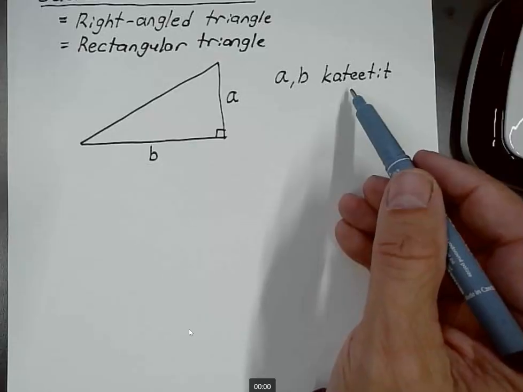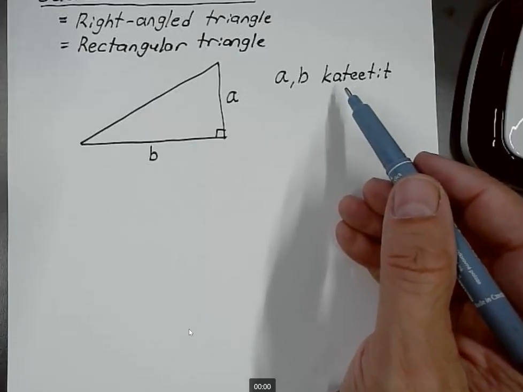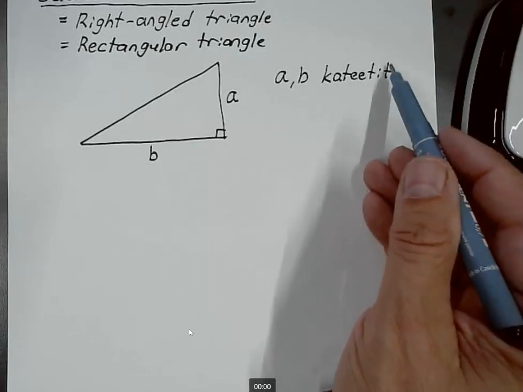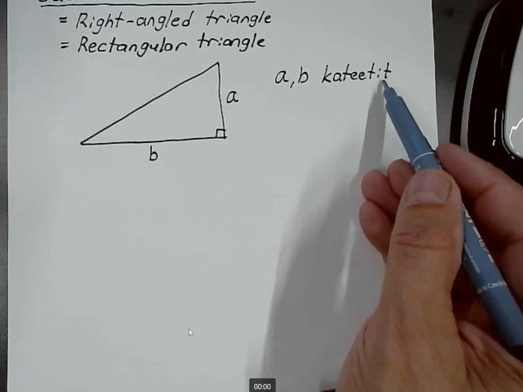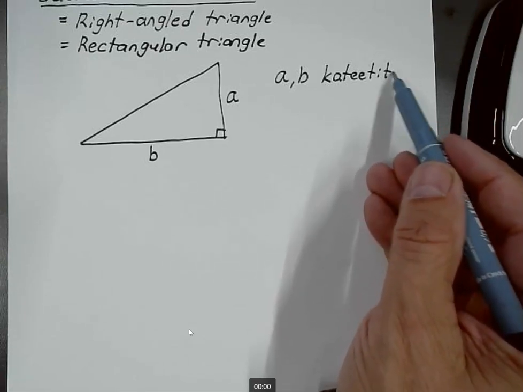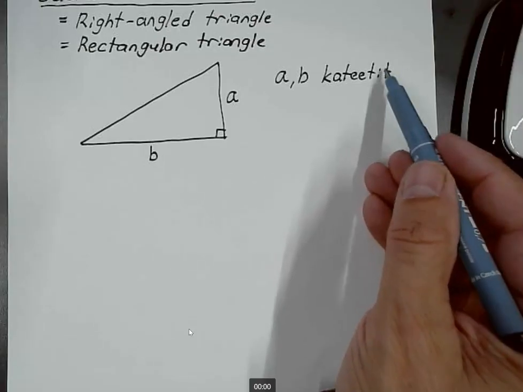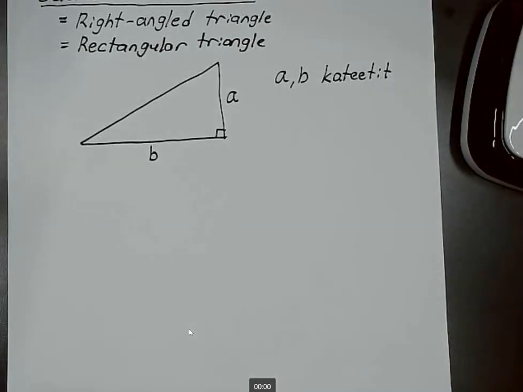Many kateetti are kateetit. Mostly in Finnish words, if you see the last letter T, it means that there are many of those.